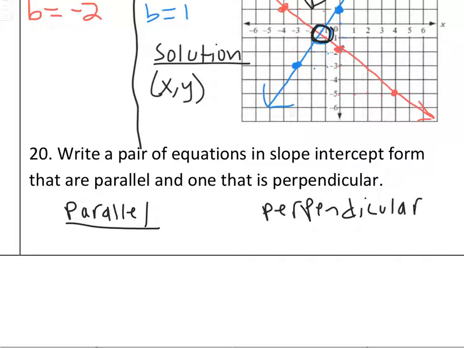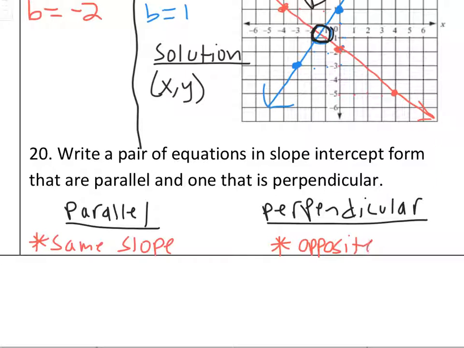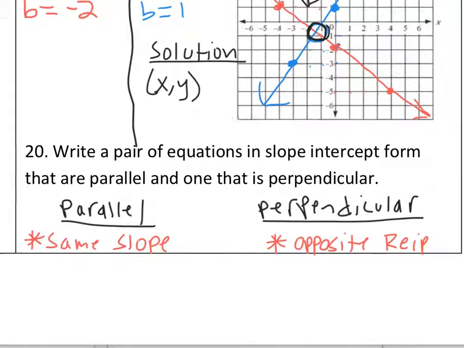Perpendicular. Okay. So parallel, just as a reminder, parallel means same slope. And perpendicular means opposite reciprocal slope. I'm running out of room.